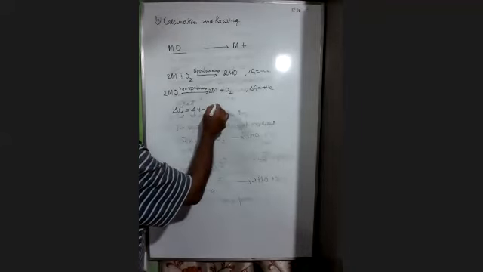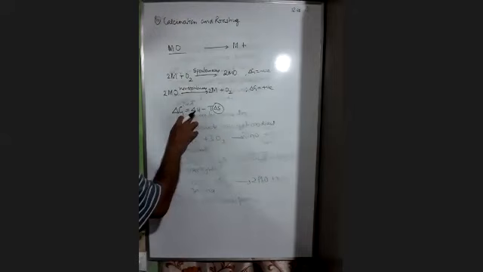Let us take the example of this delta S. The ore is in solid form, and in solid form any molecule cannot move, so delta S is very less.